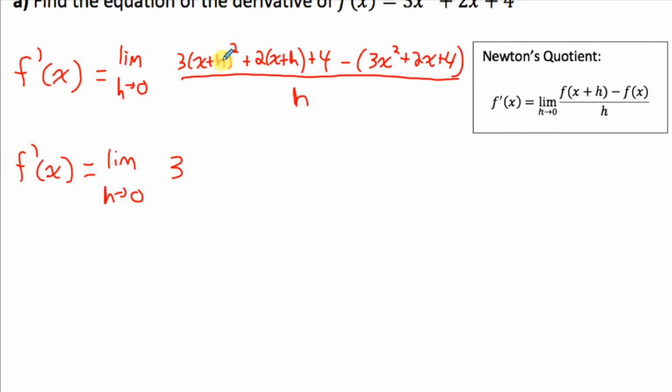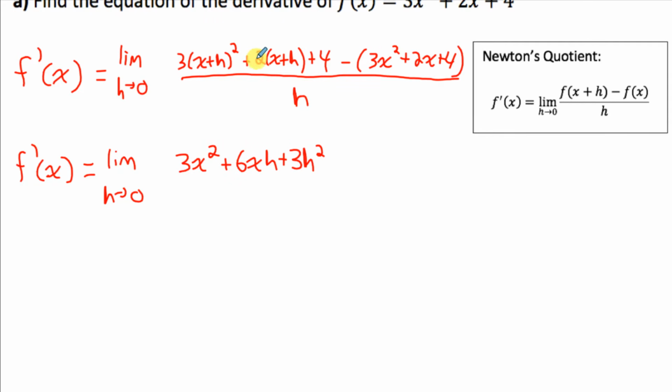If I do (x plus h) squared, so x plus h times itself, I would get x squared plus 2xh plus h squared. And I'll expand this 2 into here for now, why not? Actually, let me erase this and expand the 3 in at this step as well. So it would actually be 3x squared plus 6xh plus 3h squared.